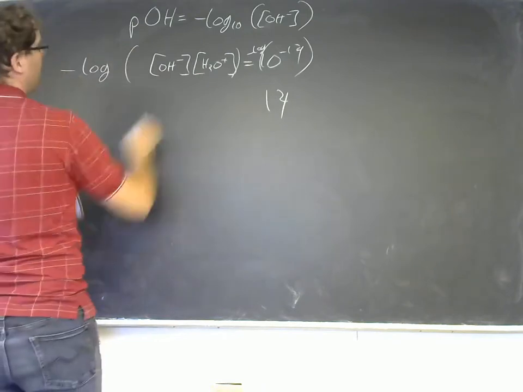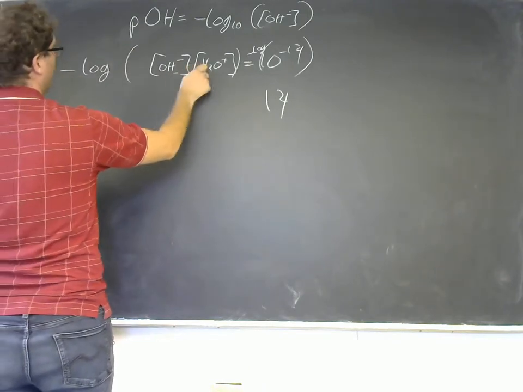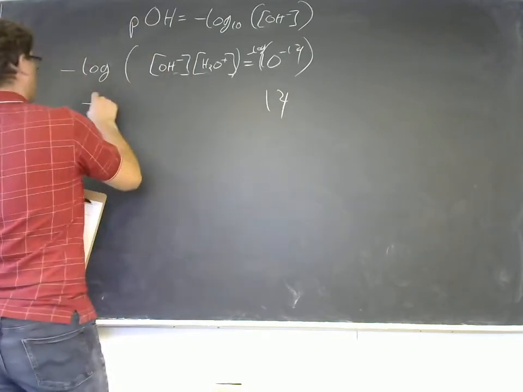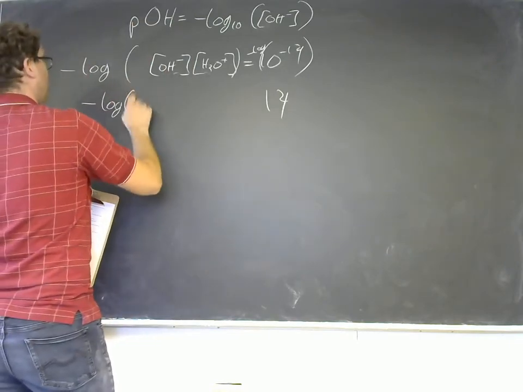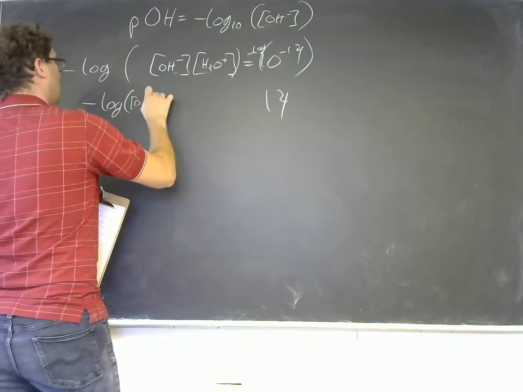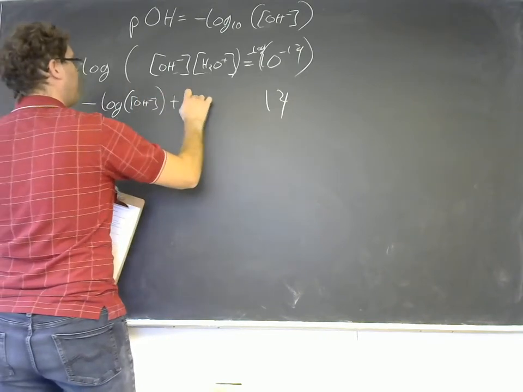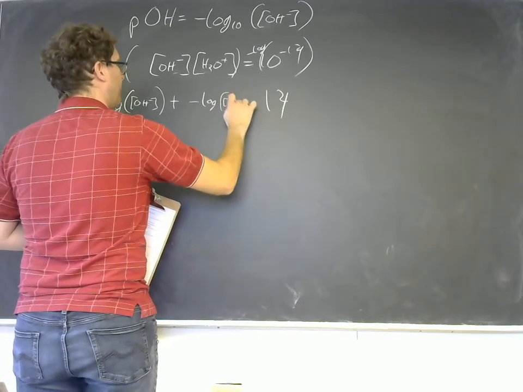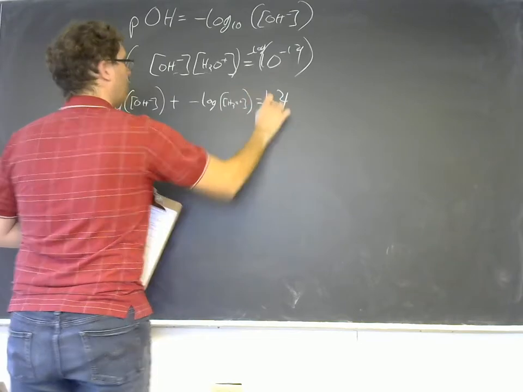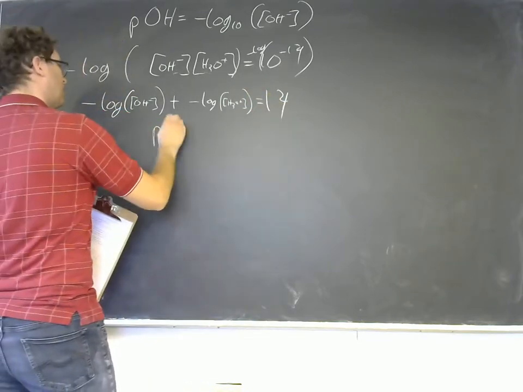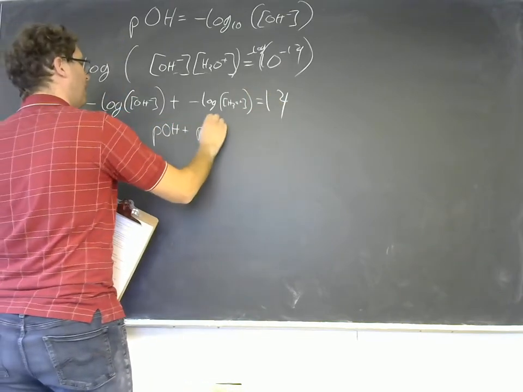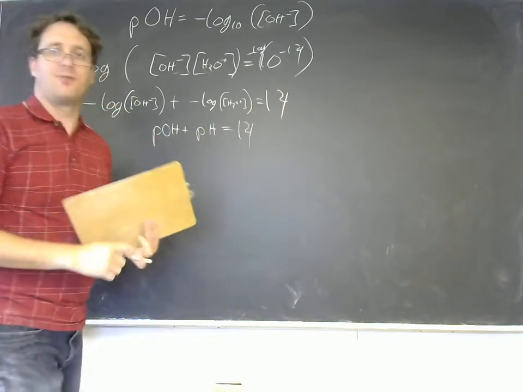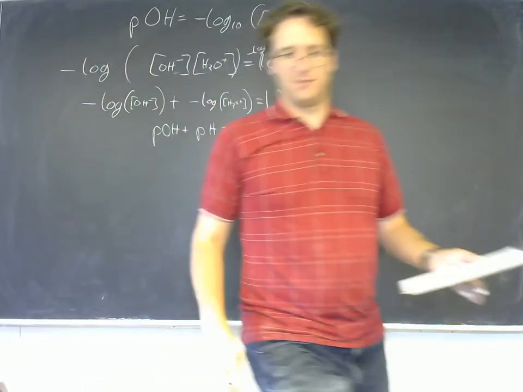And because these two things are multiplied together inside the argument of the log, we can actually turn them into a sum of individual logs, like so. And in the end, we get the pOH plus the pH is equal to 14. They add up to 14. And this is going to be really convenient for us.